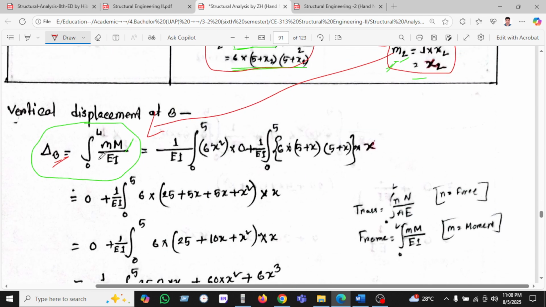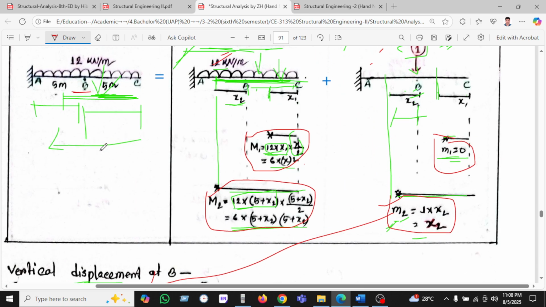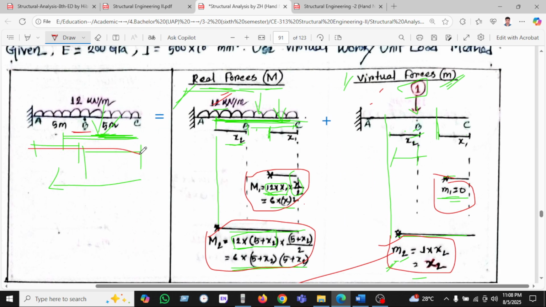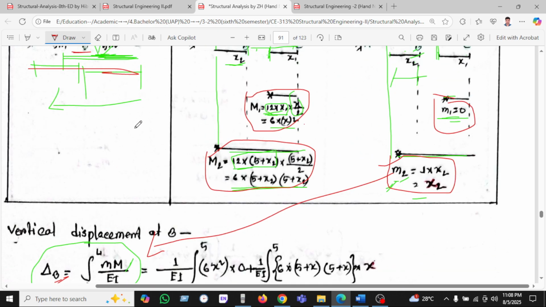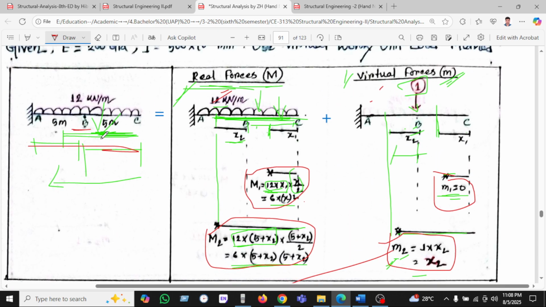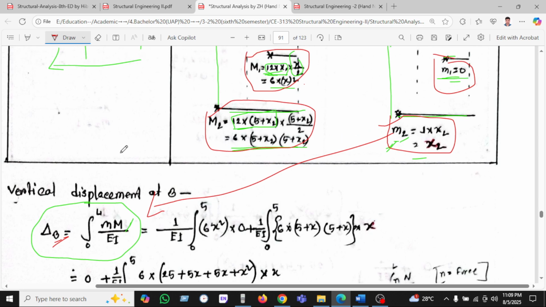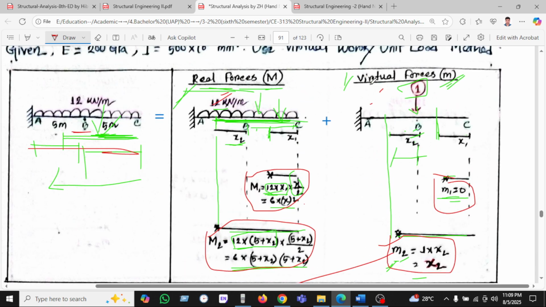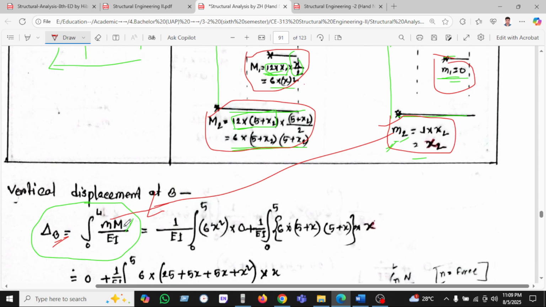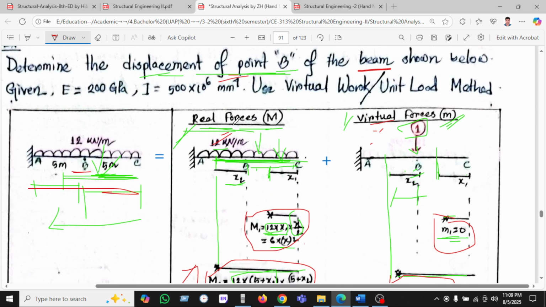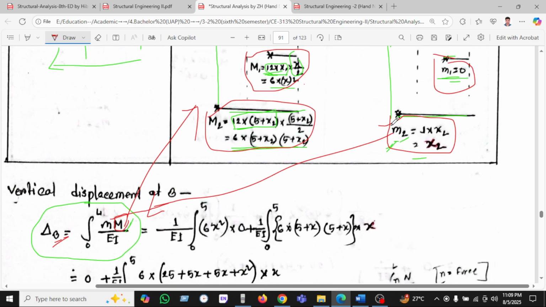So we integrate from 0 to L, the total length, as shown in the figure, 5 into 5 into 12, with the summation of M into m as I already said. Small m is taken from the virtual force diagram, and the bigger block letter M is taken from the real force diagram.